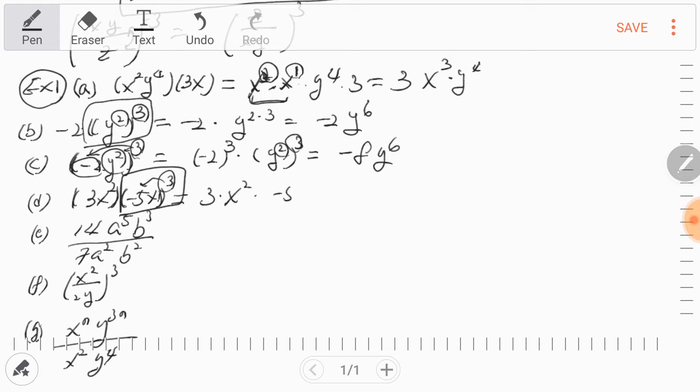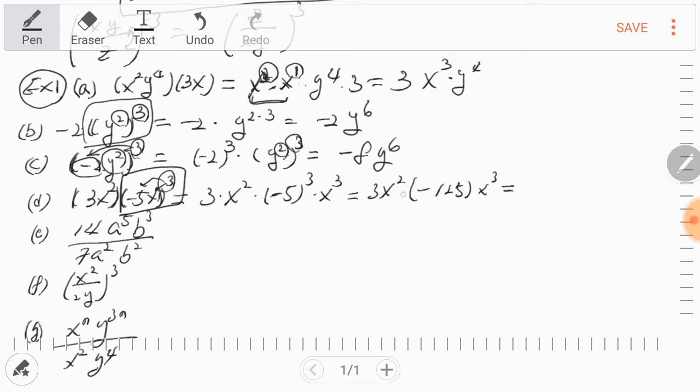So -5 is raised to the 3rd power, and x is raised to the 3rd power. Then simplify the numbers. -5 is multiplied 3 times, and the sign is negative because negative is multiplied an odd number of times. So -125 times x cubed.